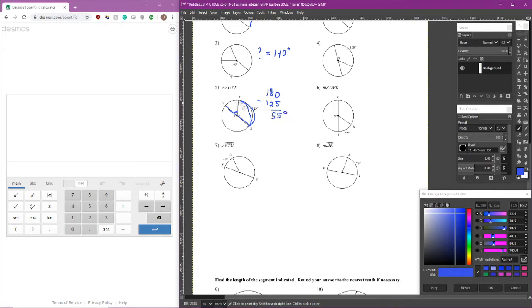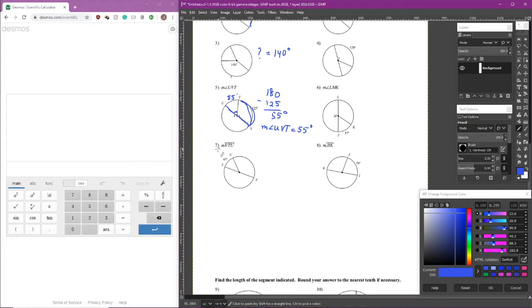I'm going to write it up here. And then it becomes a problem just like we just did in number 3 or number 1, where we have to remember that the angle we want is the same as its intercepted arc. So the measure of angle UVT equals 55 degrees. The same as its intercepted arc.